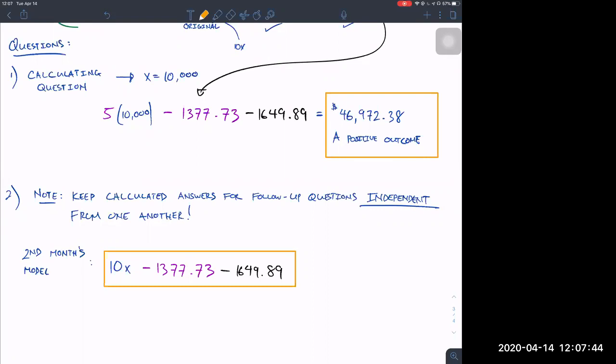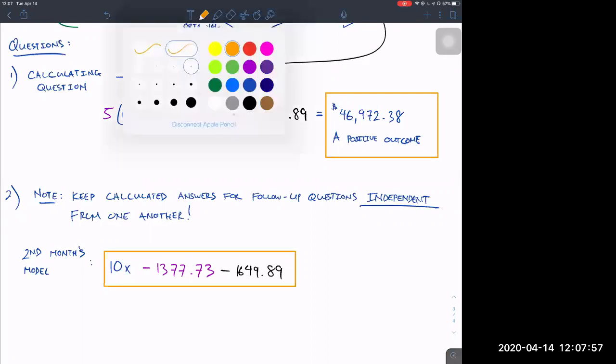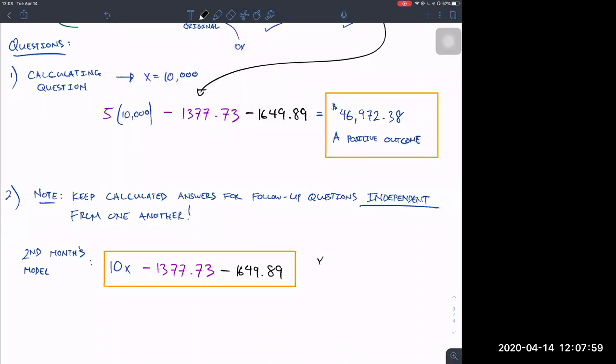So this is what we're looking for. This is the second month's model right here. The only thing that's changed is that your X has now doubled. It has grown by a factor of 10 instead of 5. So that means your model increases in revenue capabilities.